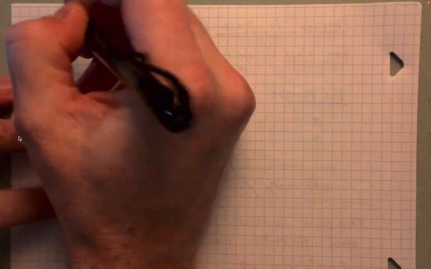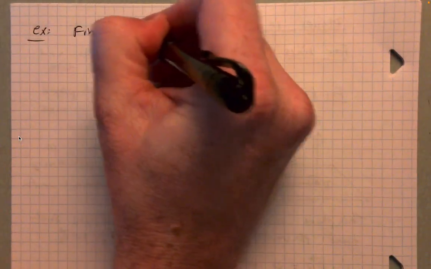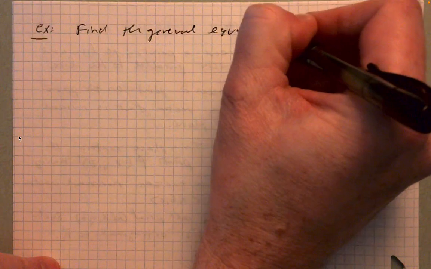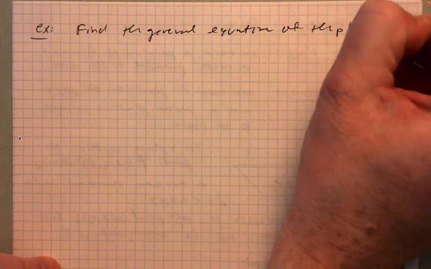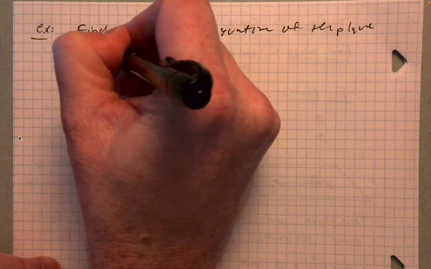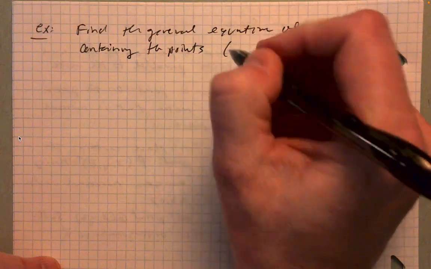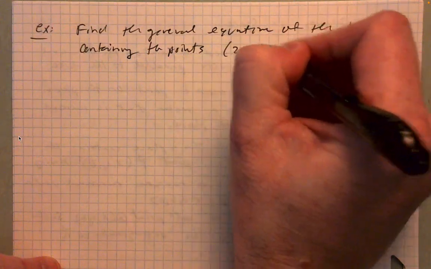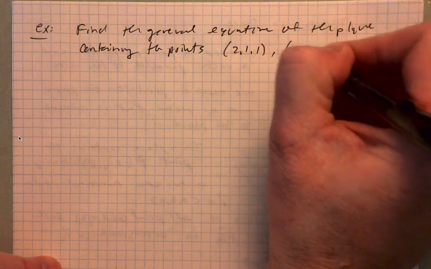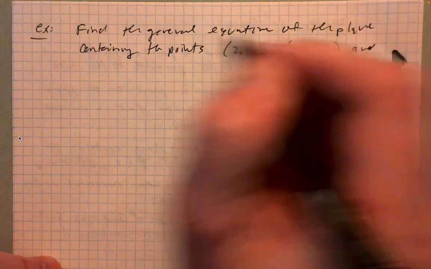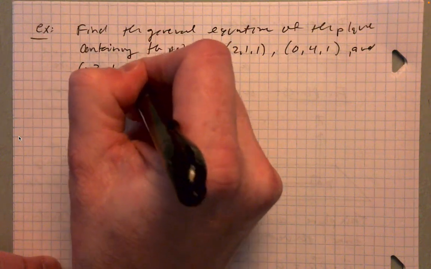Let's say we want to find the general equation of the plane containing the points, and we'll have 3 points here: 2, 1, 1; 0, 4, 1; and -2, 1, 4.